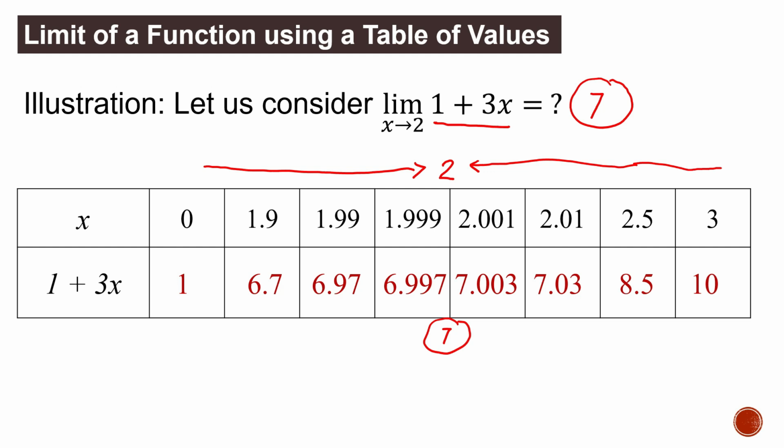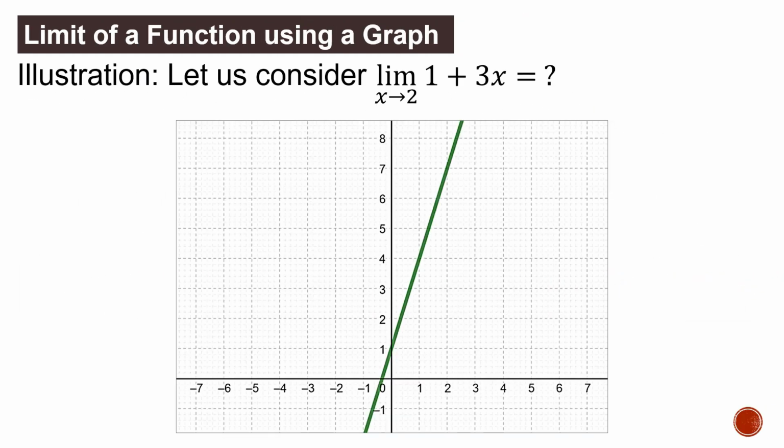It might not be clear using table of values. Let's look at the graphical representation of 1 plus 3x. All right, so here, our answer earlier was 7. It's right here.